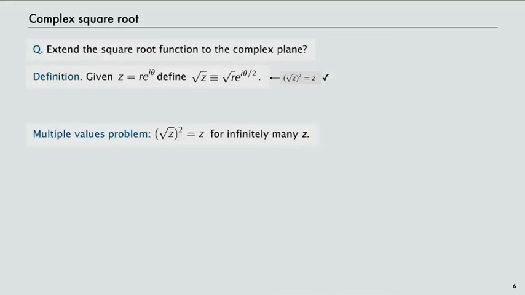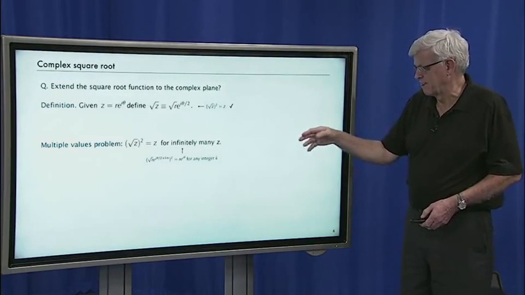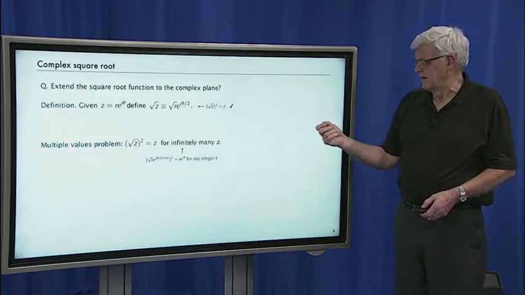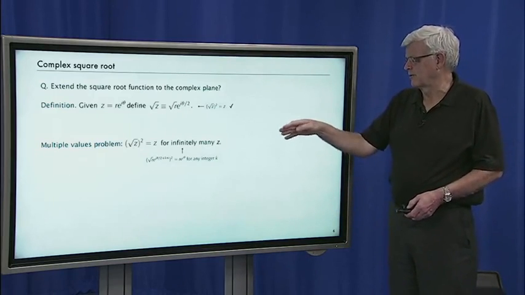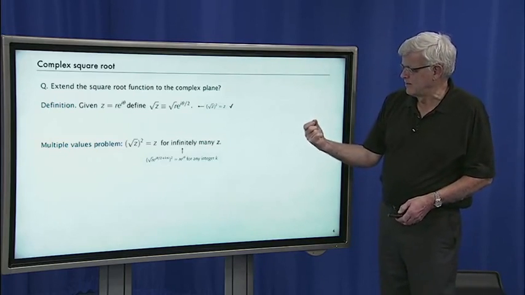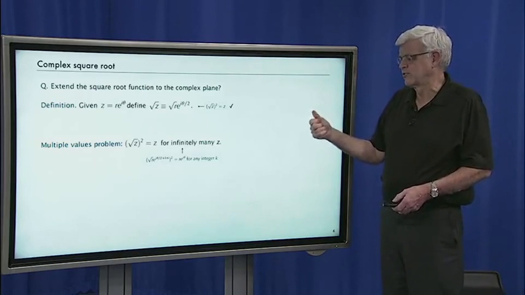But there's a problem called the multiple values problem, and that is that there's actually infinitely many values for which the square root of z squared equals z. Because if you add an integer multiple of πi to the exponent in the square root of r times e^(iθ/2), and then you square that, then you get an extra factor of e^(2πi), which is 1.